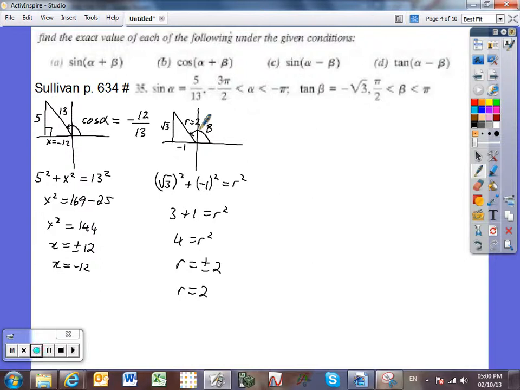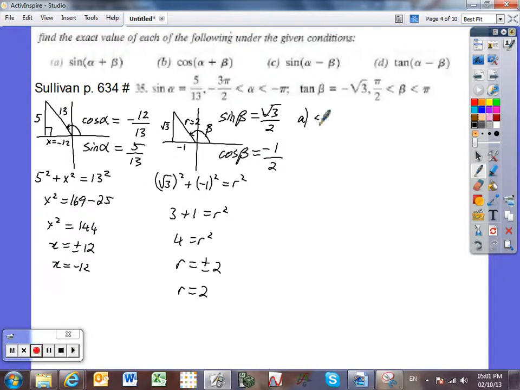And so that means then that our sine of beta is going to be opposite over hypotenuse, root 3 over 2, and cosine of beta is adjacent over hypotenuse, negative 1 over 2. Now we've got all of the information, and you remember, by the way, that we were given sine of alpha right at the beginning. Now we've got our sine of alpha, cosine alpha, sine of beta, cosine beta. We should be able to answer all of these questions.